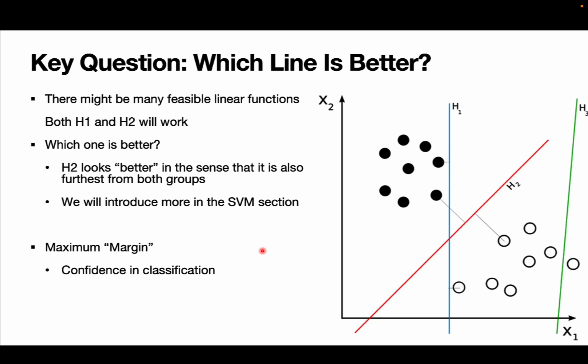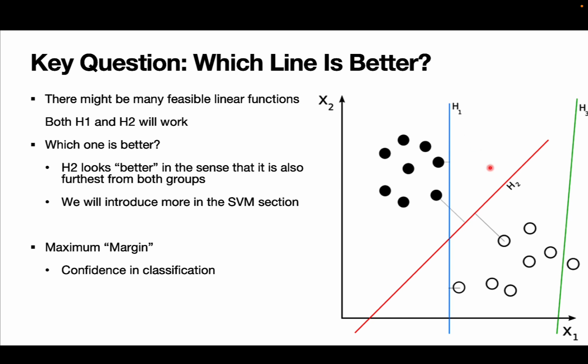Now we get to a key and insightful question. Suppose that we have more than one linear model. Which one is better? In this visualization, we have 3 classifiers, H1, H2, H3. H3 is clearly inaccurate, so we're going to drop it.